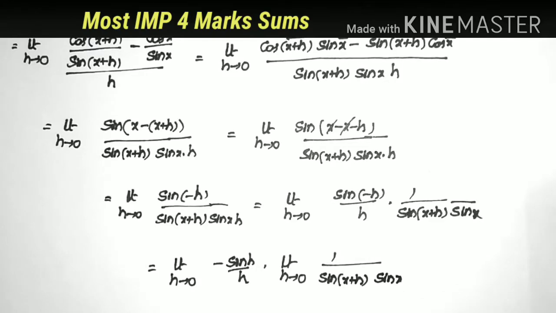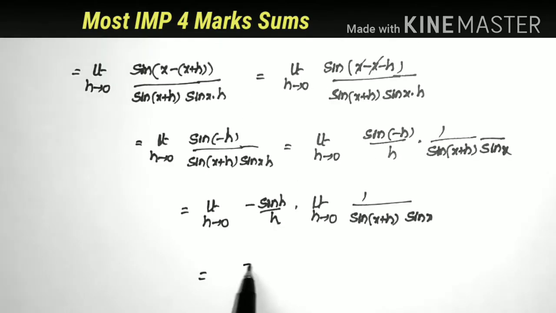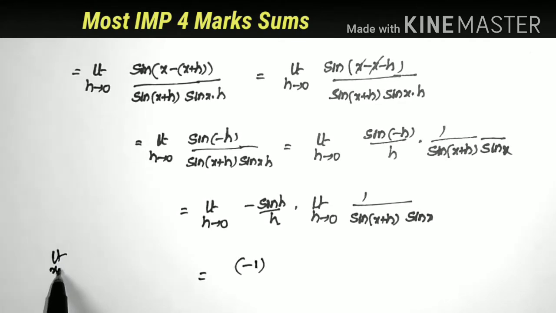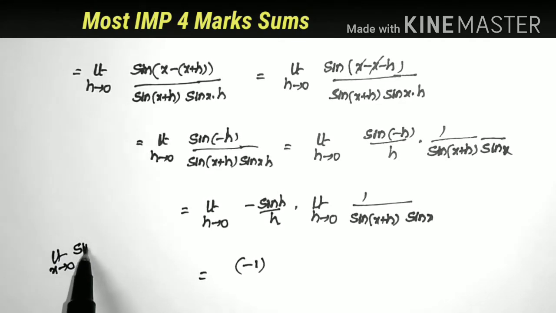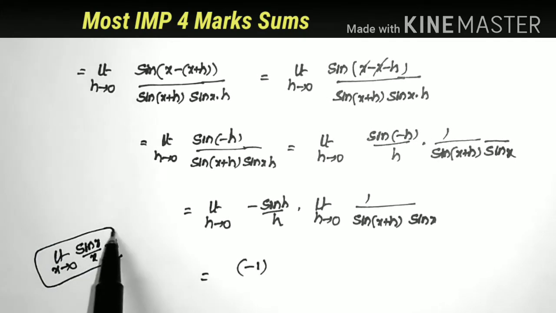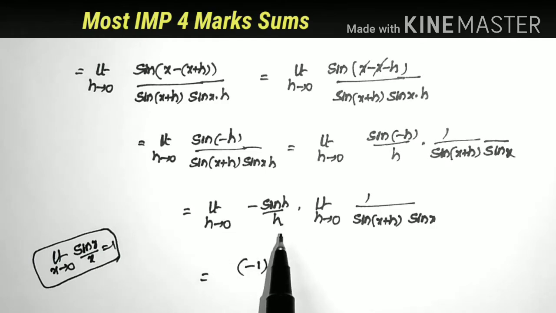And we already know that one formula: limit x tends to 0 of sin x by x is equal to 1. That is, limit h tends to 0 of sin h by h is equal to 1, so here we get minus 1.